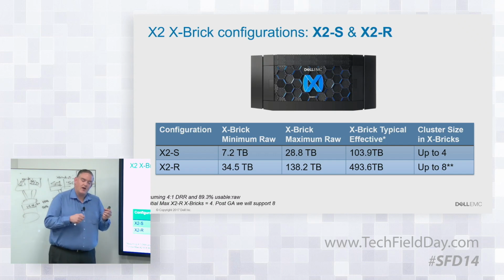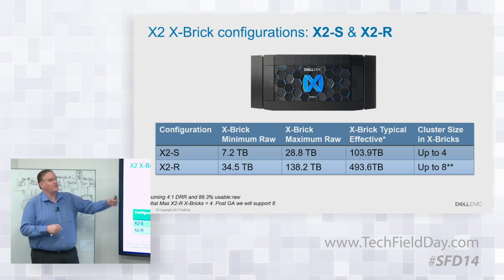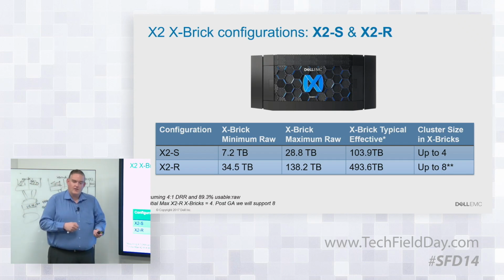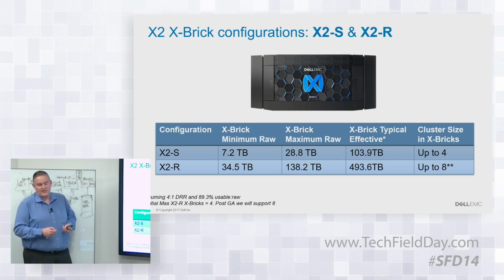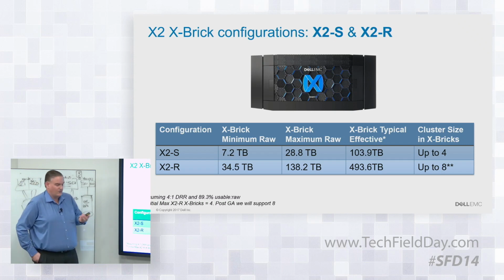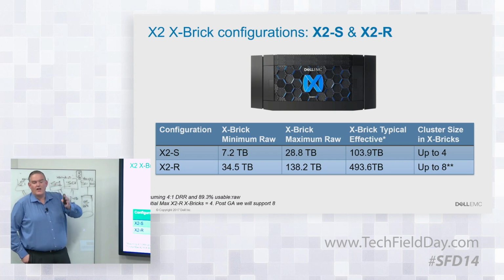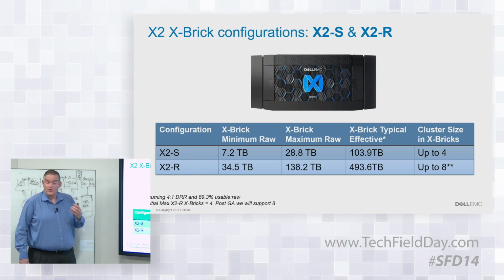Based on your inputs, it makes a recommendation for configuration, taking into account performance, which ends up being CPU on the controllers, capacity, memory as well, and finally economics. So it recommends the best configuration, and then shows you where you're at on the scale in terms of how much is being used. We try to make that as easy to use as possible for our partners so that they can bring it to their customers as well.